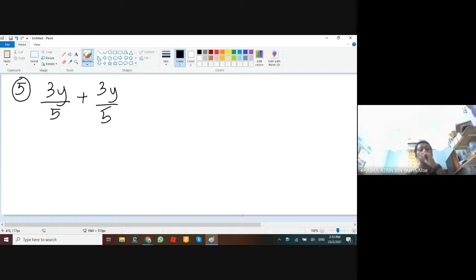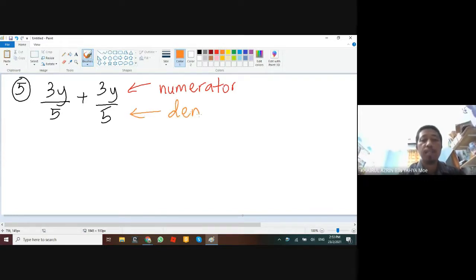If you still remember, this one we call the numerator, and this one we call the denominator.